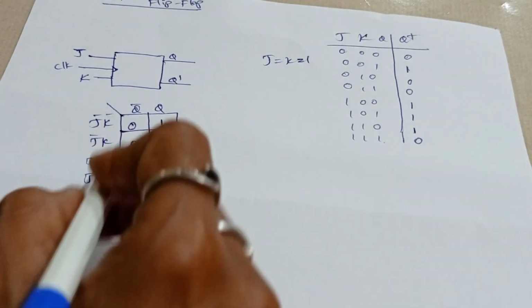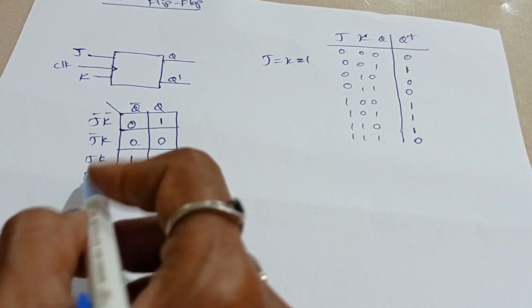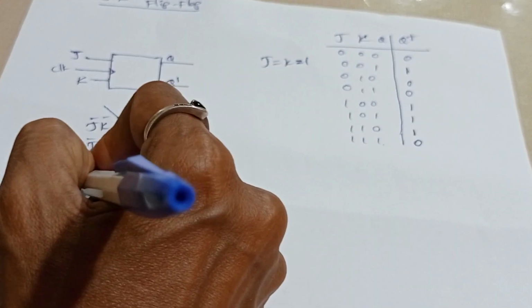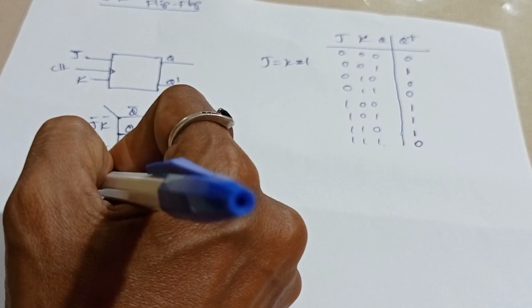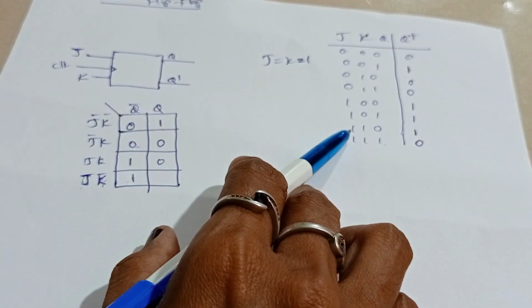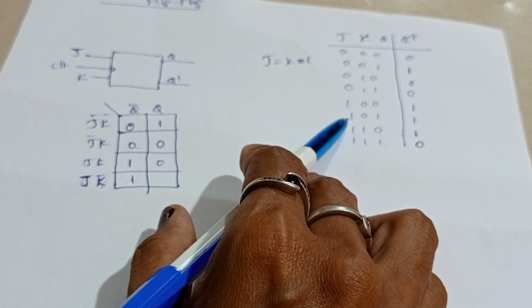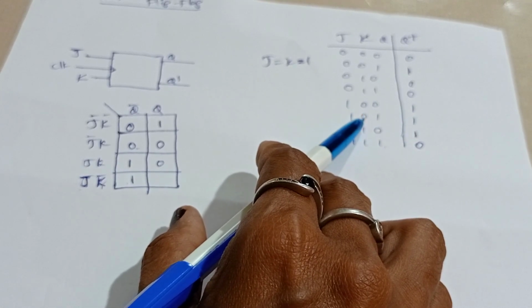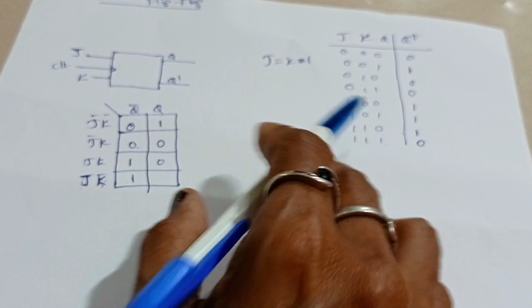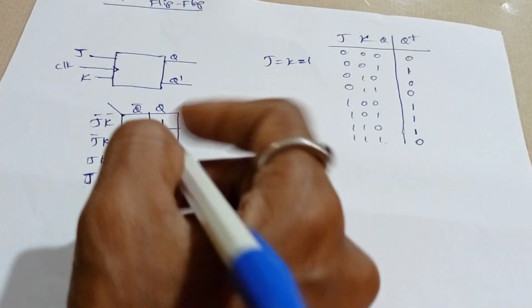The cells are J K bar Q bar, J K bar Q, and K bar Q, and again it is 1.